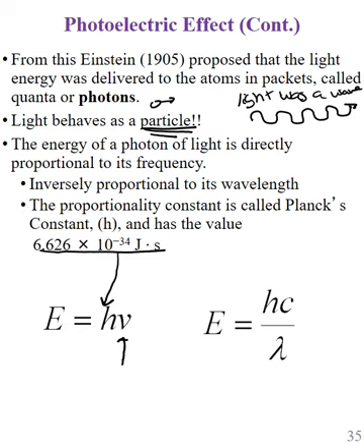And this nu is our frequency. Now, because nu is equal to c over wavelength, you can substitute that into this equation, and you can get E equals h times c divided by wavelength. Both of these are the same thing.